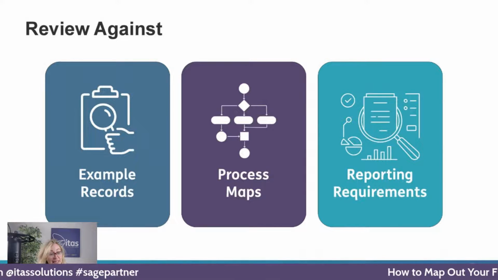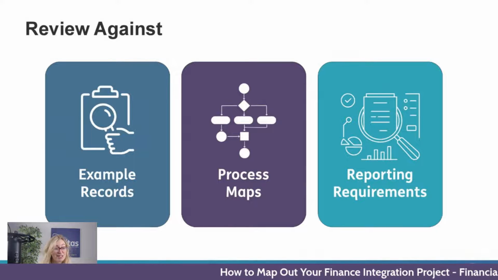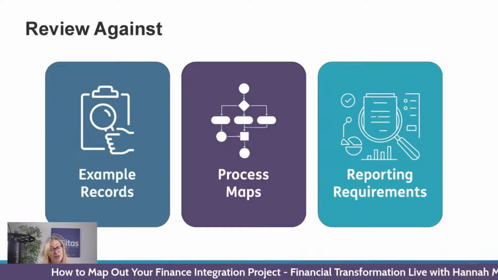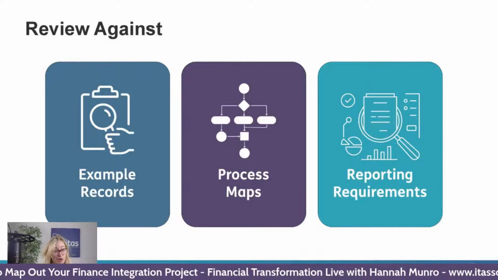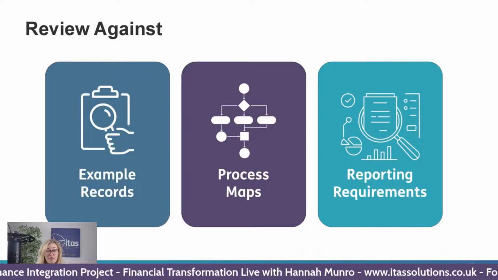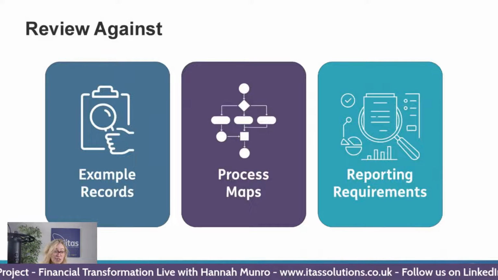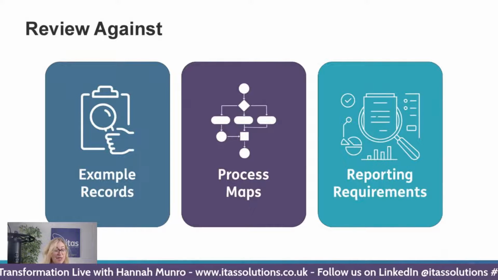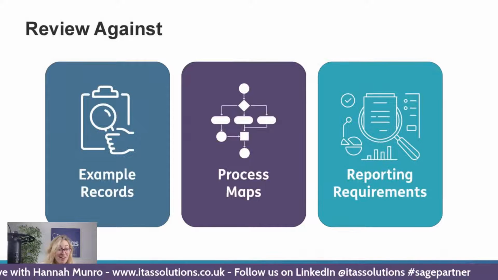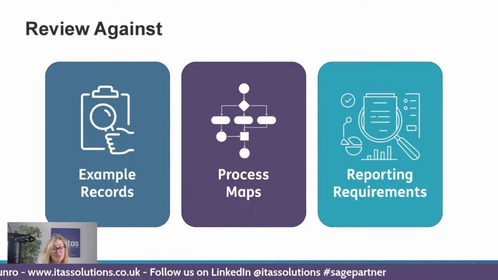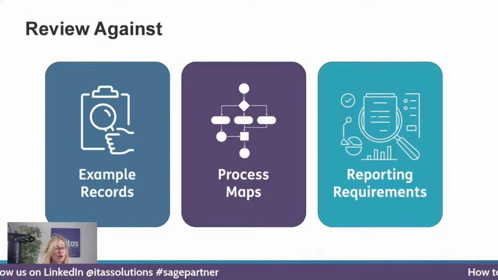And then last but not least, and in my personal opinion one of the most important things to do, is to rationalize and review your data sets against your reporting requirements. For instance, if you want to pull a P&L by industry in your finance system, you need to make sure that a customer has an industry. Then, in Intacct anyway, you can use that to group your P&L and see per industry what it is.